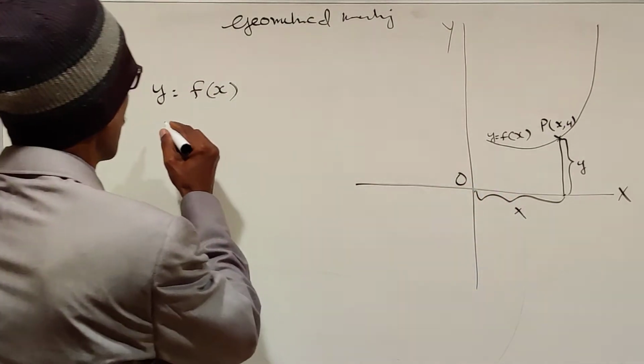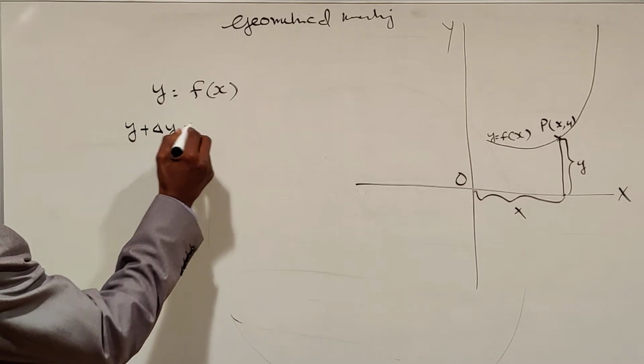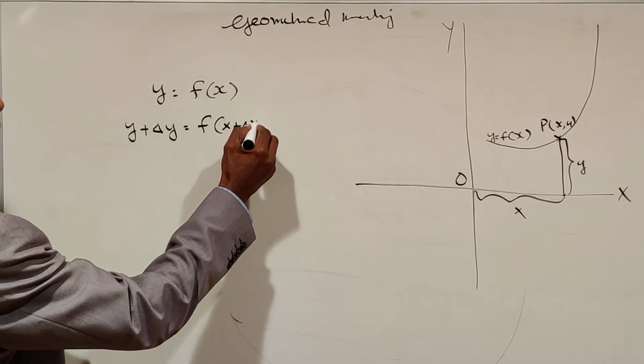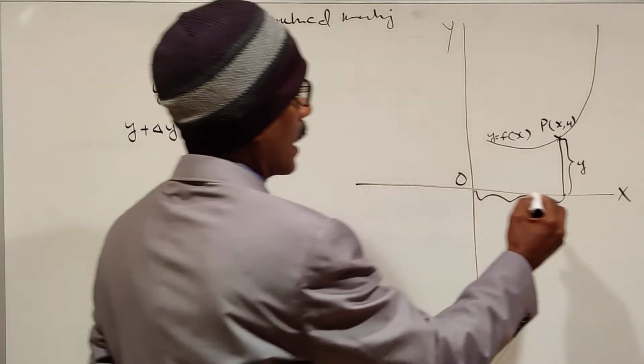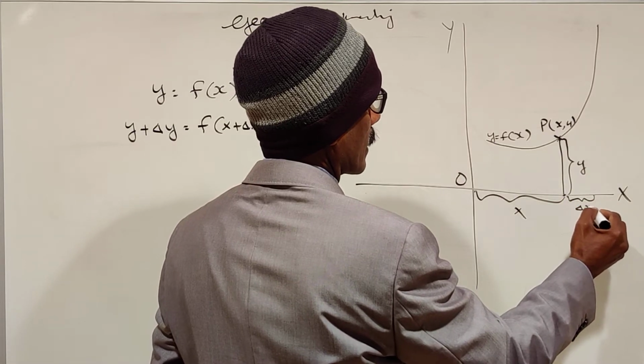And I am going to give a small increment in y, delta y. The corresponding increment in x is f of x plus delta x. So I am going to give a small increment delta x here.